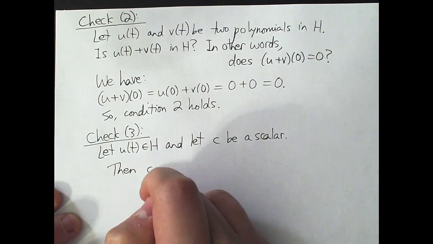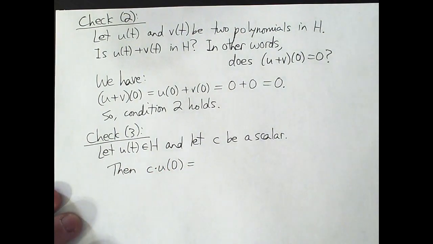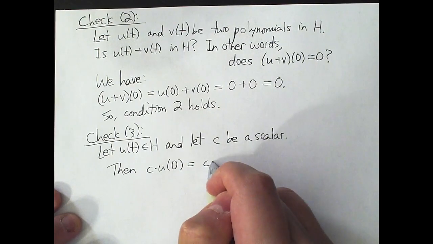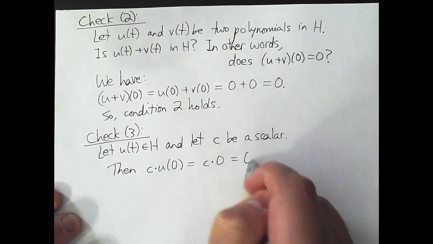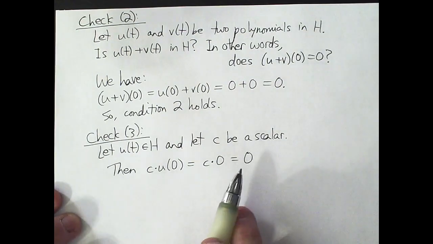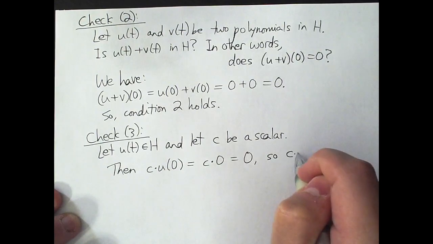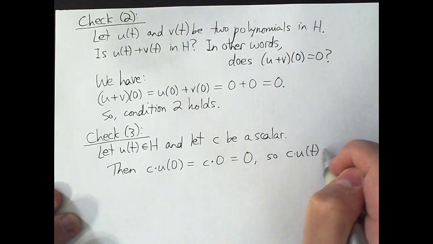So c times u of 0, does this equal 0? Yes, this does equal 0 because it's c times 0. Any real number times 0 always equals 0. So c times u of t is in H.